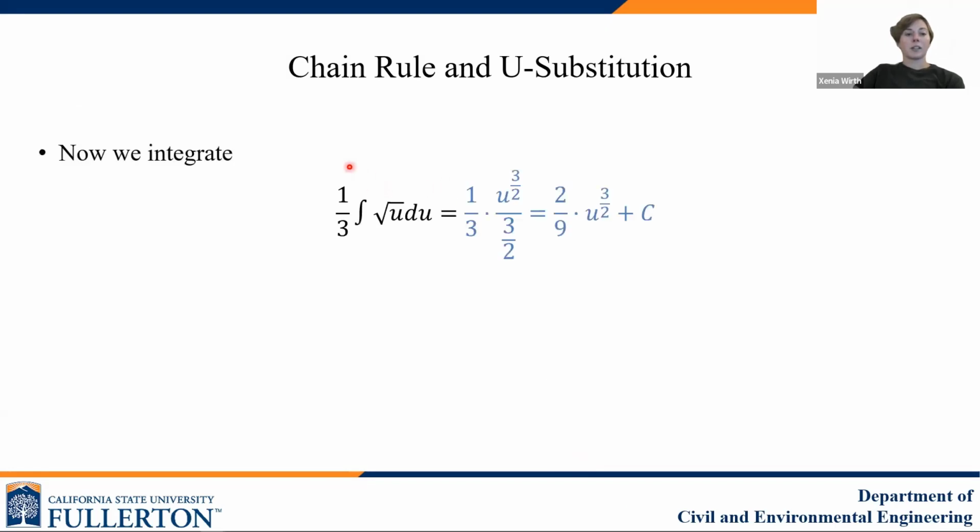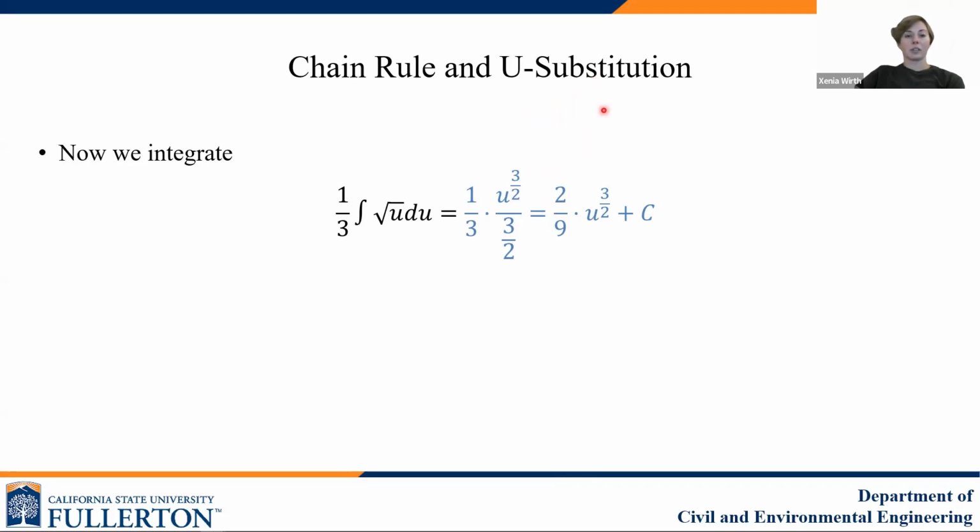So we're going to integrate 1/3 the integral of square root of u times du. Remember that the square root is the 1/2 power. And remember that when we integrate, we actually add. So we don't subtract from the exponent, we add. So in this case, it would be u to the 1/2 plus 1, which is u to the 3/2. And then we divide by that new exponent.